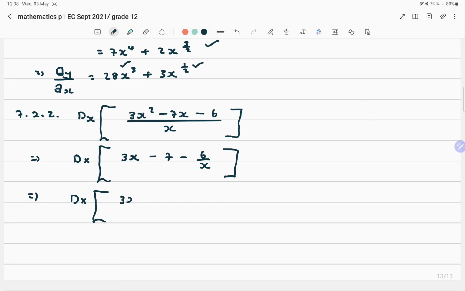So this is 3x minus 7 minus, now when you change this, 6x to the minus 1. Now you understand, right?